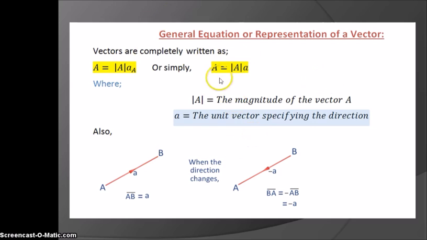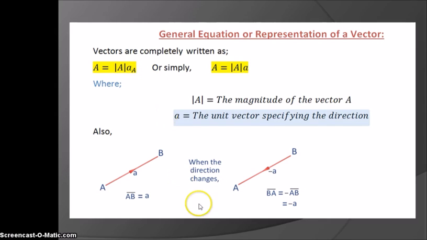Expanding further, the magnitude of A is denoted by this, while the unit vector is denoted by the lowercase of that vector. So if here were to be capital letter C, here will be the absolute value of capital letter C times lowercase c subscript C.